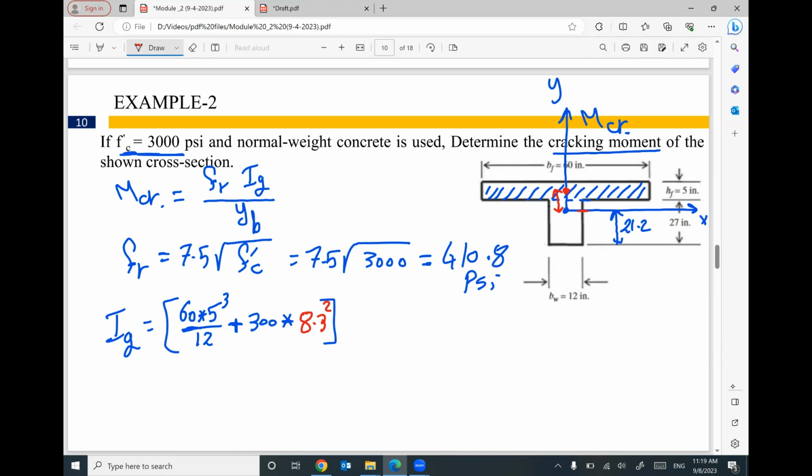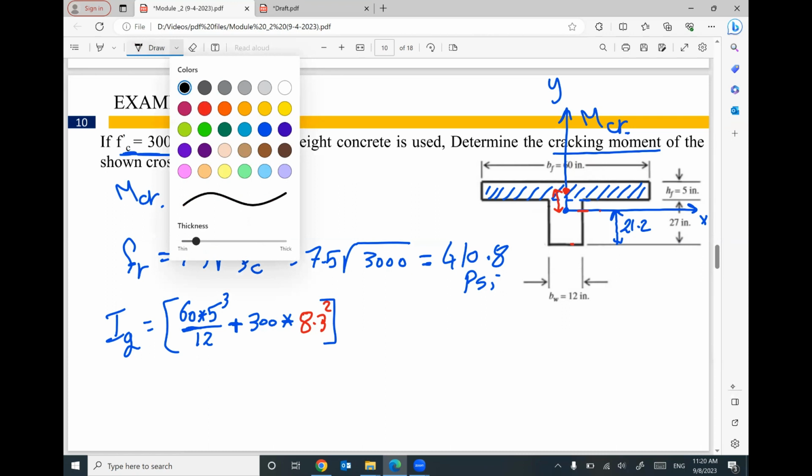The distance between the centroid of this part and the bottom is 29.5, and the distance between the x-axis and the bottom is 21.2. If you subtract the two numbers, you get 8.3 squared.